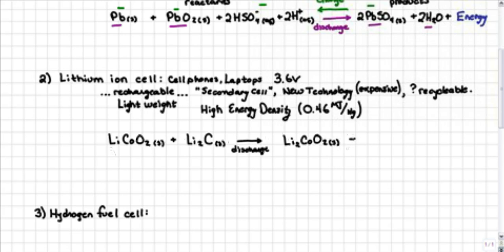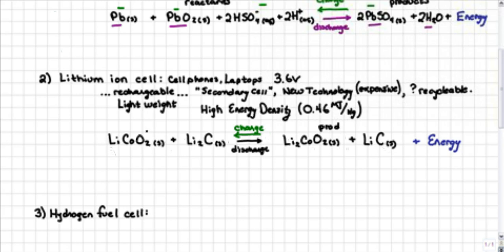And lithium carbide, but this time with only one lithium. This is a solid. And then finally, because this is a cell capable of generating energy, we'll include energy here as a product. Now, the discharge reaction converts the reactants into products, and the charge reaction, which I'll write here, would require an external source of energy, but we could convert the products back into reactants again.